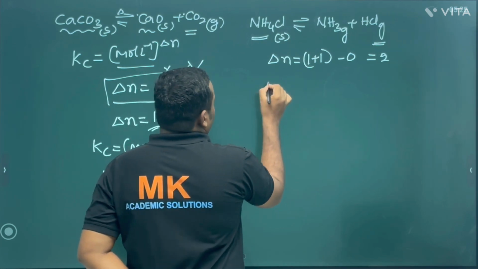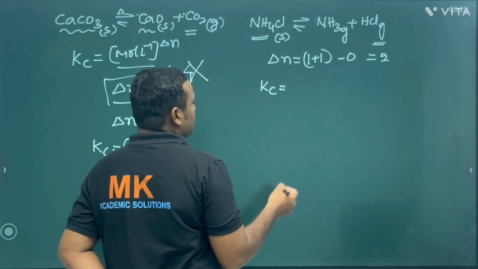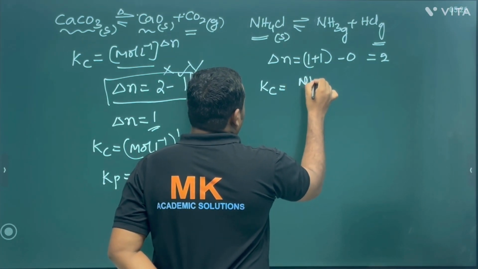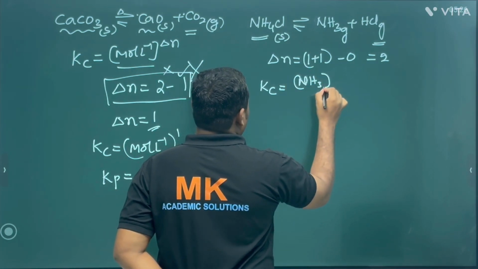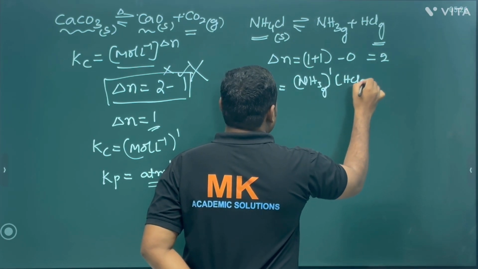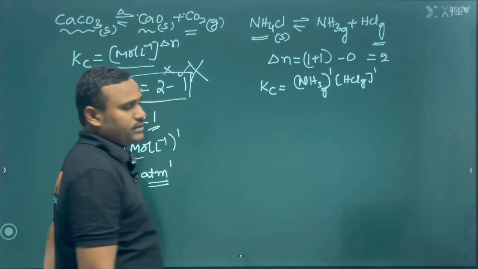So for this type of reaction, you will learn how to write Kc also. Here, NH3 gas to the power 1 and HCl gas to the power 1, this much only. In the denominator, you need not take ammonium chloride.